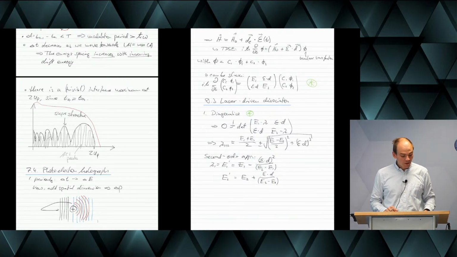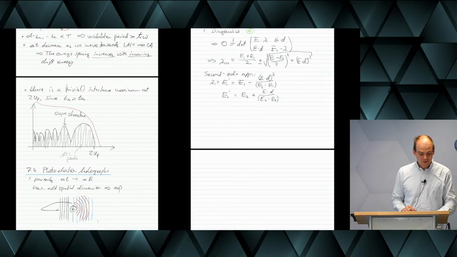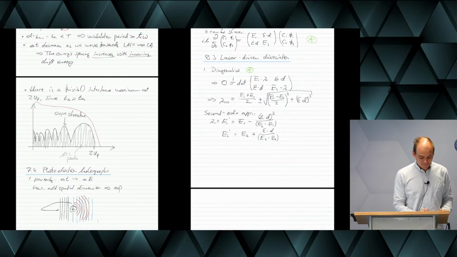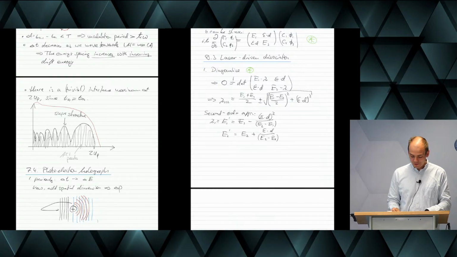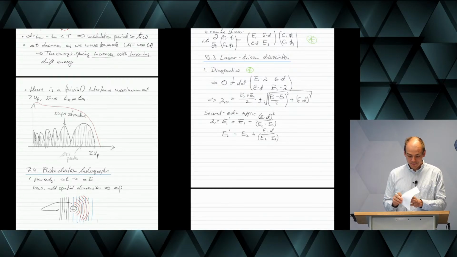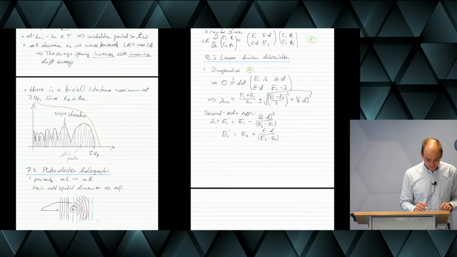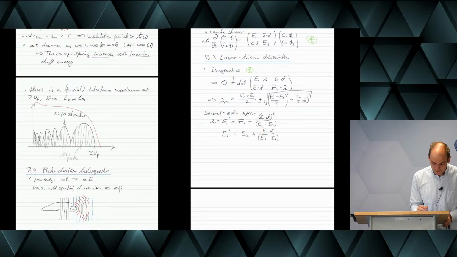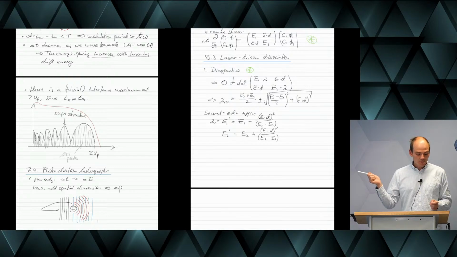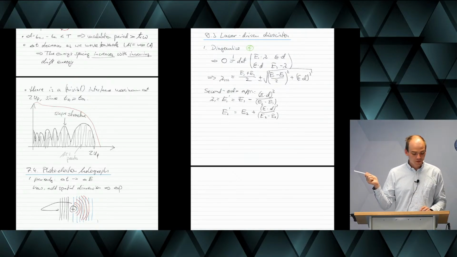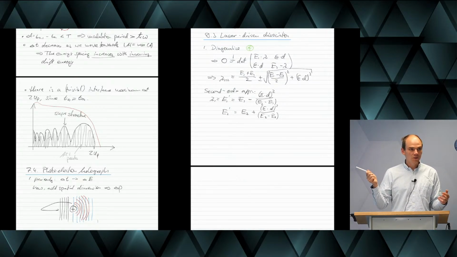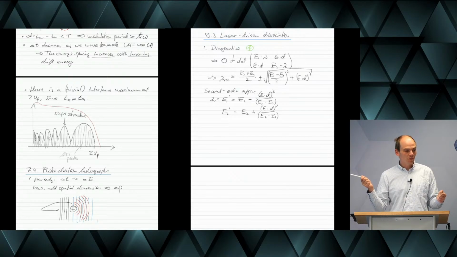A bit superficially perhaps we can say that our laser field leads to, there's a square missing, of course, the eigenvalues of the field dependent Hamiltonian.